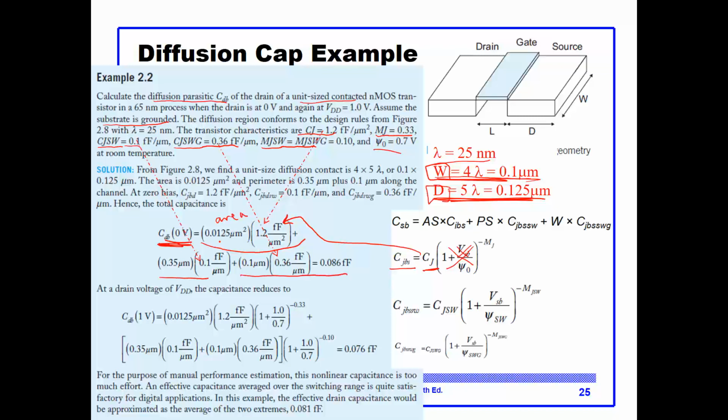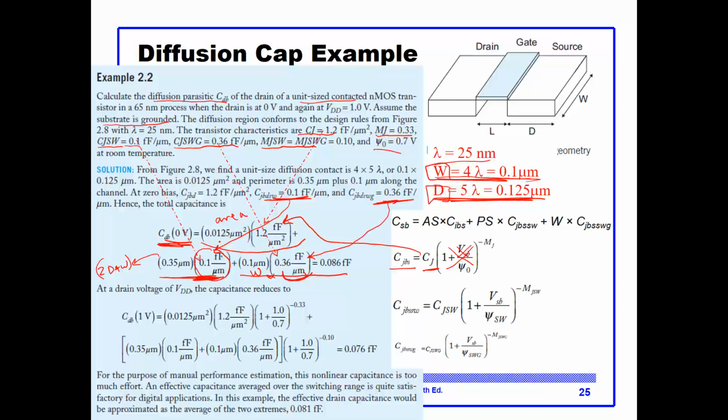And then I have the sidewall. For the sidewall, first of all, we take 2D plus W, multiplied with the parameter which is not facing the channel. And the other W is multiplied by the parameter which is facing the channel. Recall the parameter not facing the channel is right here, 0.1. The parameter facing the channel is right here, 0.36.